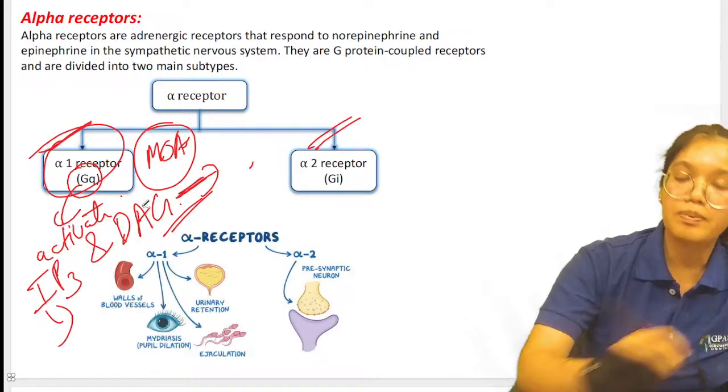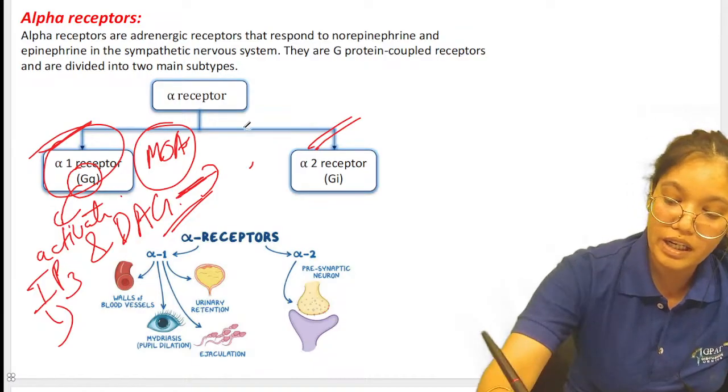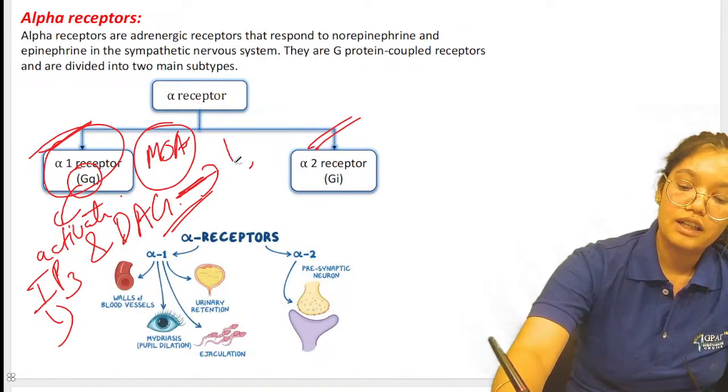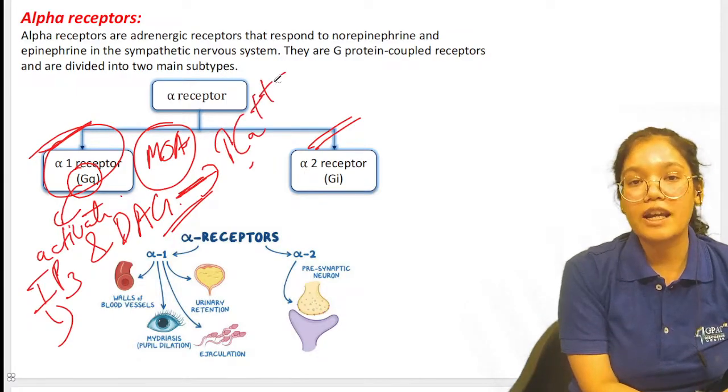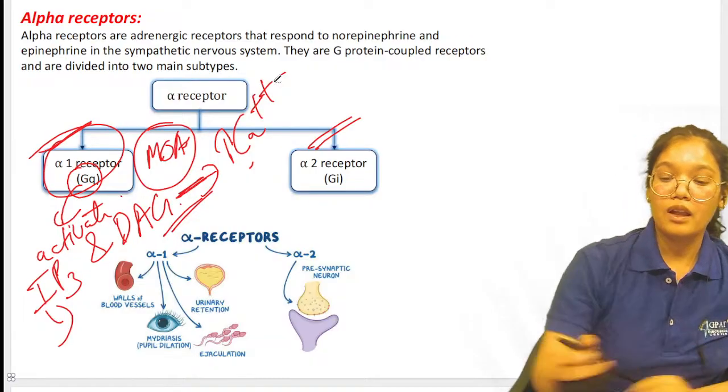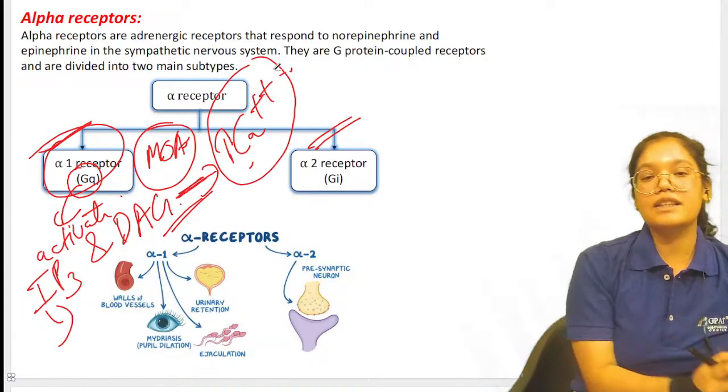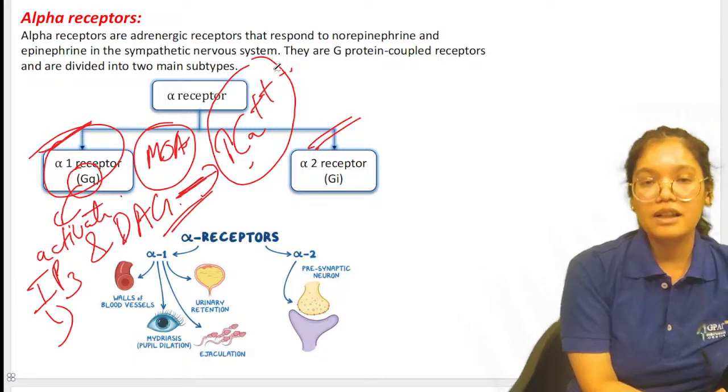As this pathway is activated, it will result in an increase of calcium level in the cytoplasm inside the cell.